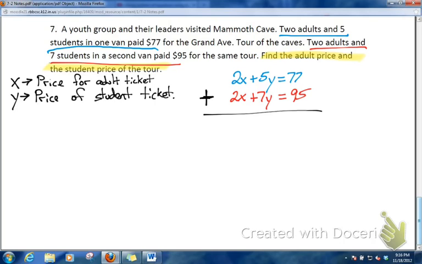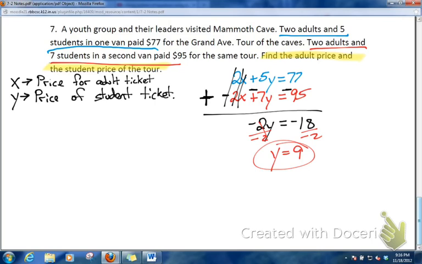And again, subtraction means adding the opposite, so I'm going to change my subtraction sign to an add sign, change all the signs for the second equation, and now just add. 2x minus 2x cancels. 5y minus 7y is negative 2y equals, and 77 minus 95 is negative 18. So then we divide by negative 2, and y equals positive 9.